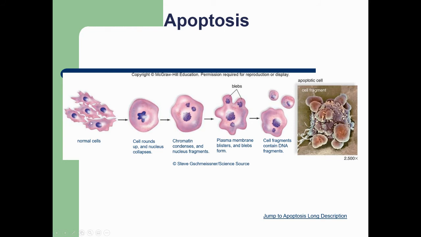So here are some normal cells. If something went wrong in those cells during the cell cycle, we'd get a chemical signal saying, hey, time to undergo apoptosis. In an apoptosis, the cell self-destructs. And it does that with the help of those lysosomes.